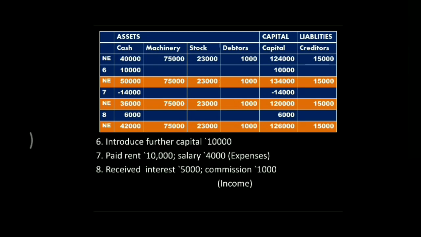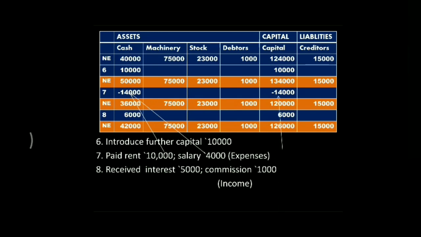Next is paid rent 10,000, salary 4,000. This rent and payment of salary are all expenses. So expenses reduce cash and reduce capital. 10,000 plus 4,000, total 14,000 is the expenses. So 14,000 we will deduct from cash, and 14,000 we will deduct from the capital.